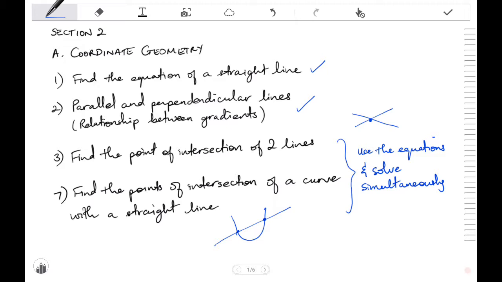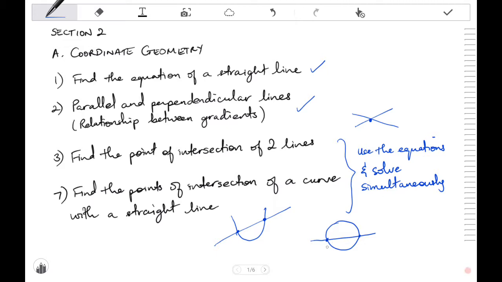So therefore you would notice in this section later on we will be dealing with circles. So a circle could be intersected by a line, and it will intersect at 2 points. So if I have the equation of the line and the equation of the circle, I could therefore use both those equations and solve simultaneously.